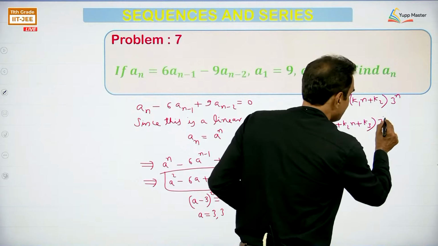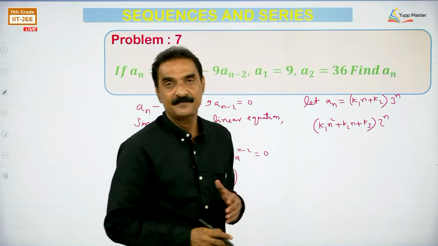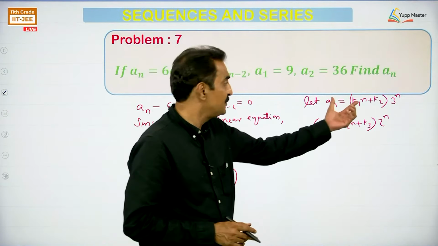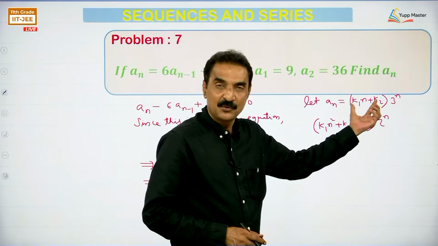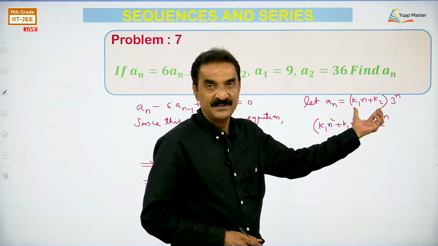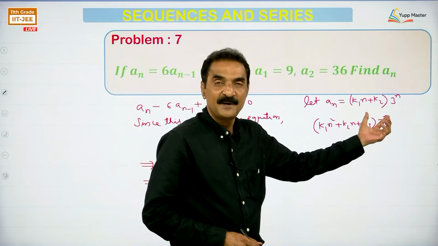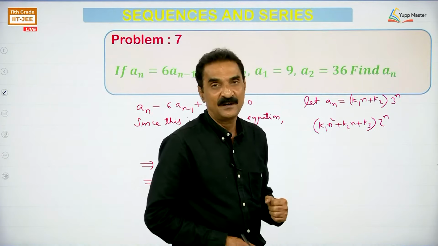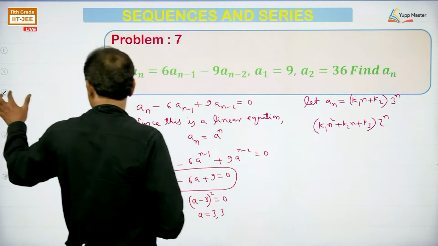Understood? So if the root repeats 2 times, you take that root power n into one linear term, first degree term. If the root repeats 3 times, then you take it as quadratic in n into 2 power n. Alright.